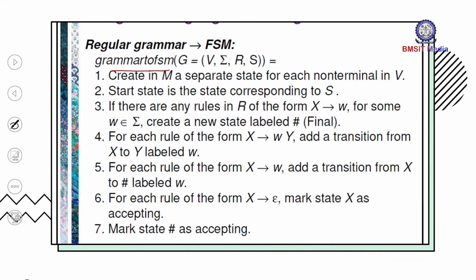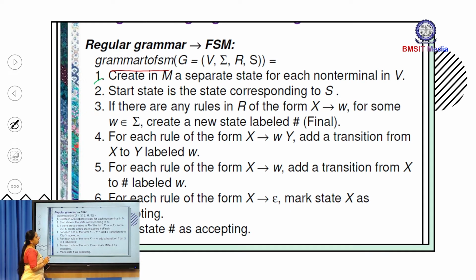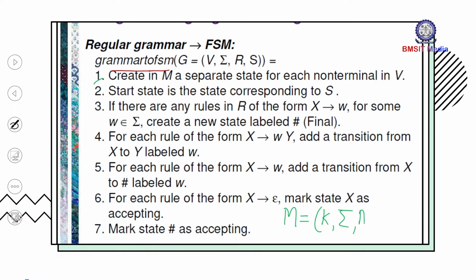The first step indicates: create in M a separate state for each non-terminal in V. We are all familiar that the finite state machine is defined as capital M, a quintuple, that is 5 entities: capital K, sigma, capital A, capital S and delta.